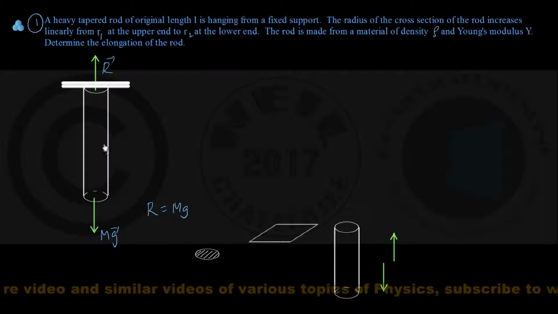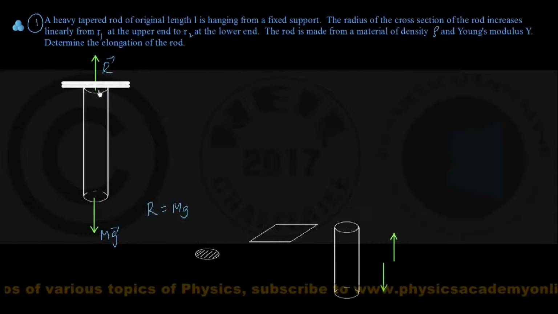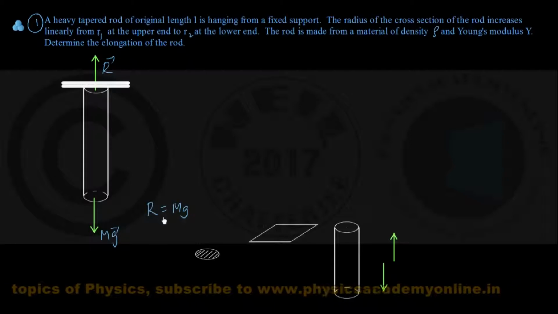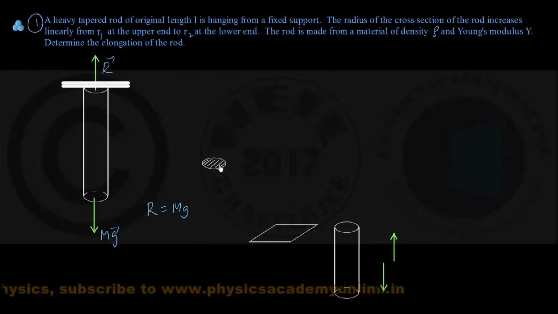Under these 2 forces of equal magnitude and opposite direction, the rod is in equilibrium. It is obvious that the tensile force acting at the upper end of the rod is also this r, that is mg.